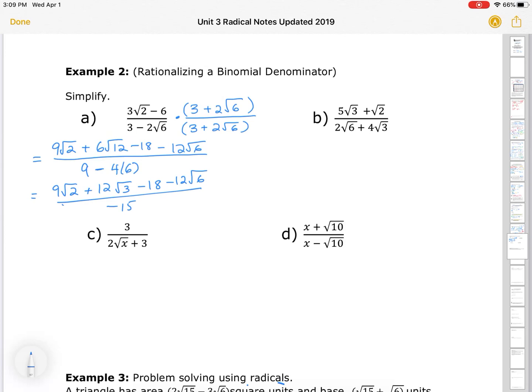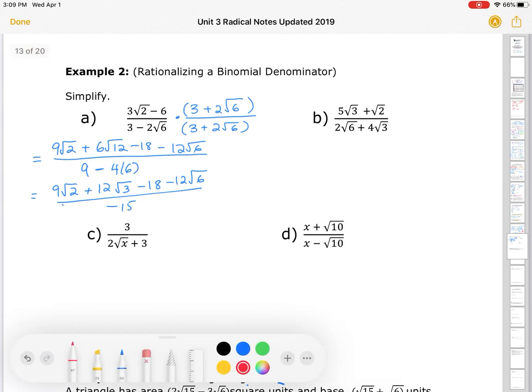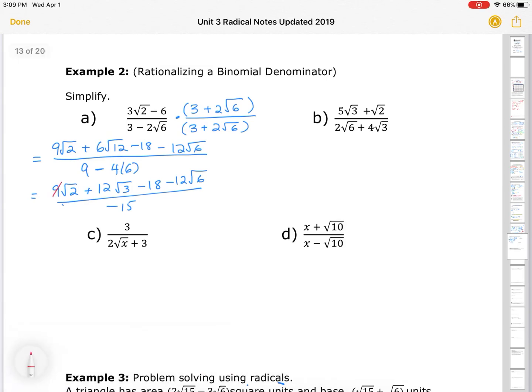Now, looking at that, I can factor out a common factor because I can factor out 3 from everything. 9 divided by 3 is 3, 12 divided by 3 is 4, 18 divided by 3 is 6, and 12 divided by 3 is 4.